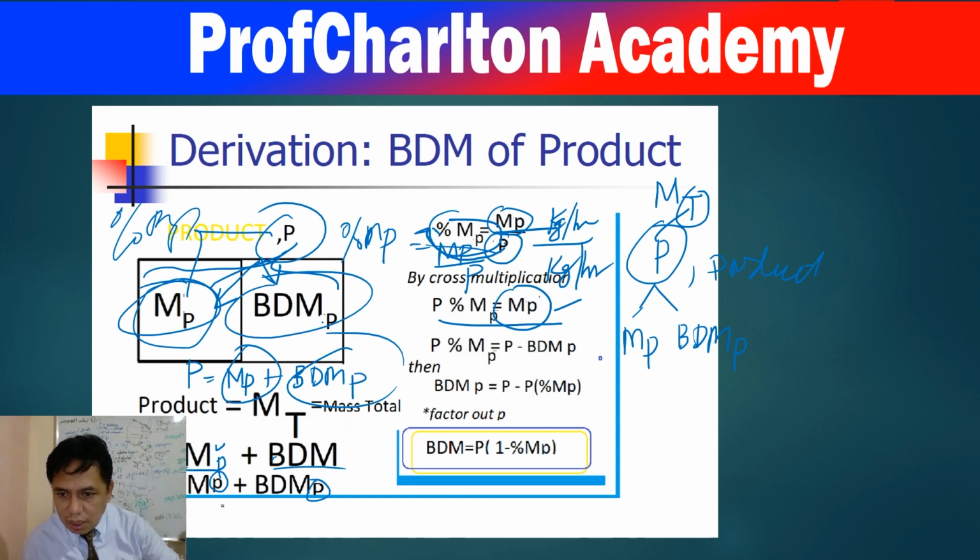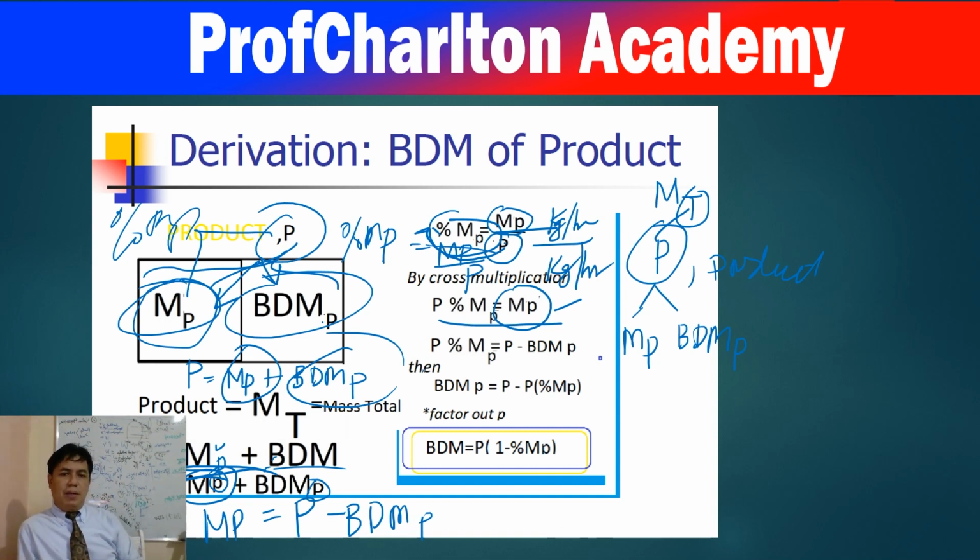So mass flow rate of the product equals P minus, we put this on the other side, minus BDM of P, bone dry mass of the product. So here is the MP. What is MP? P minus BDMP.